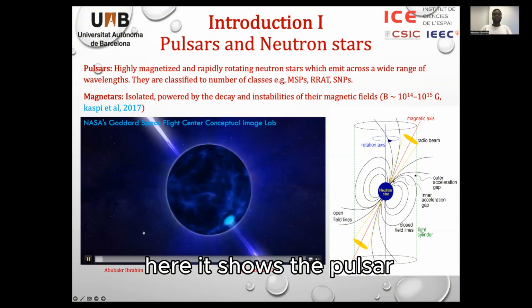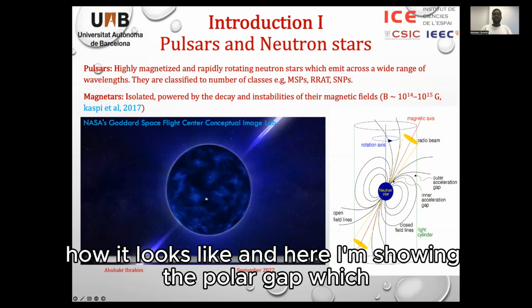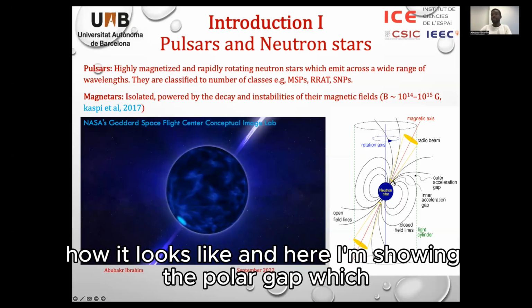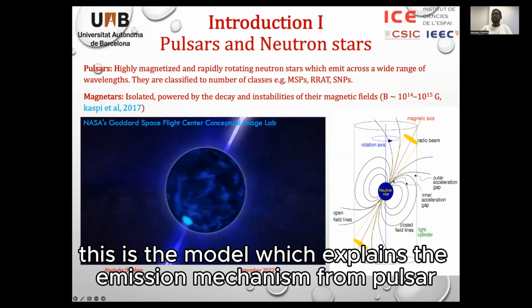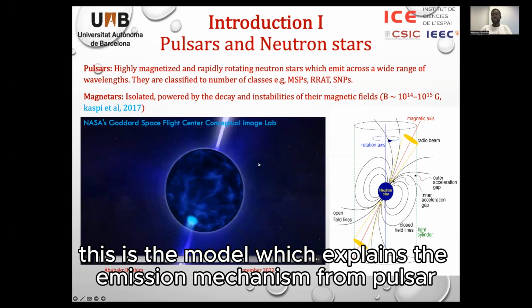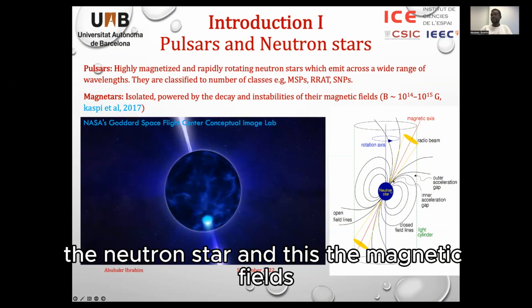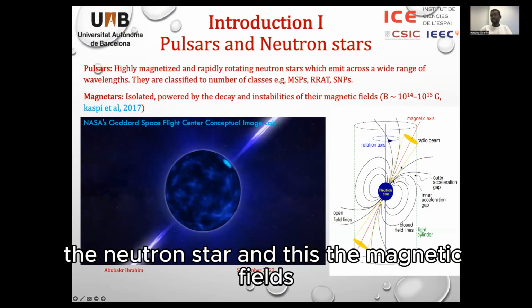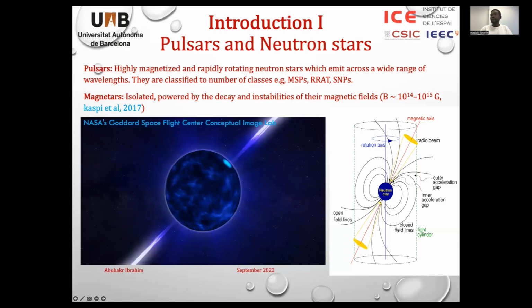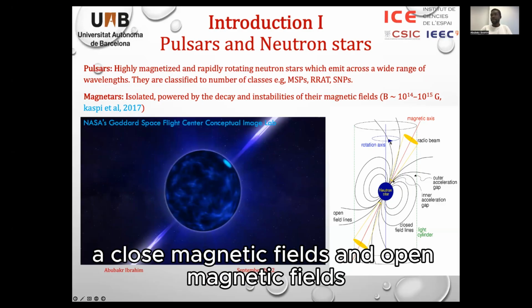Here it shows what a pulsar looks like. And here I'm showing the polar gap model, which explains the emission mechanism from a pulsar. As we can see, we have the pulsar, the neutron star, the closed magnetic fields and open magnetic fields.